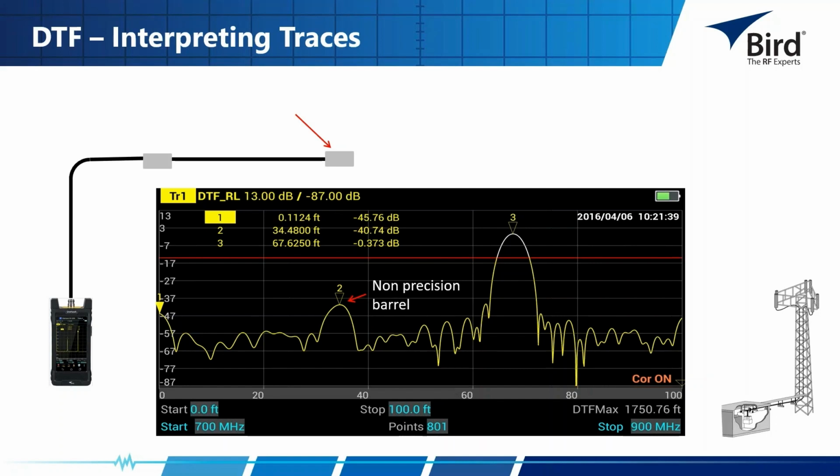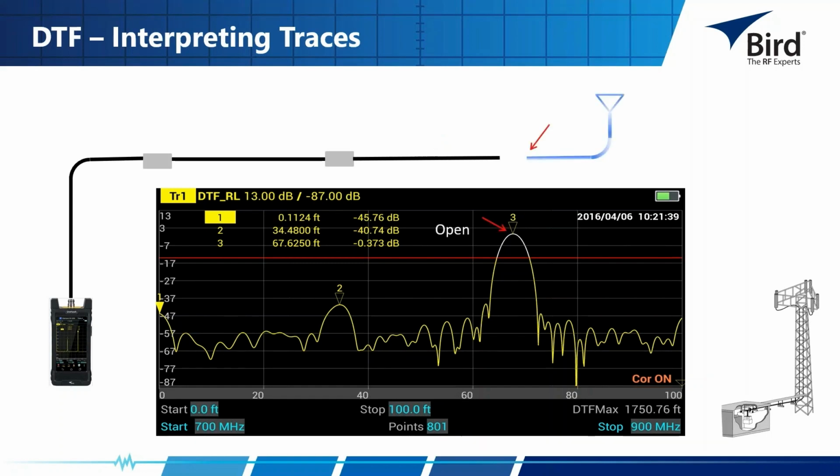So because of that non-precision barrel and a couple of other connectors in the system, that actually adjusts our system a little bit. And that's also another explanation why you want to add an extra 10 or 20% onto your total length. So let's continue on. Now we're into that second section of feed line. And all looks good.